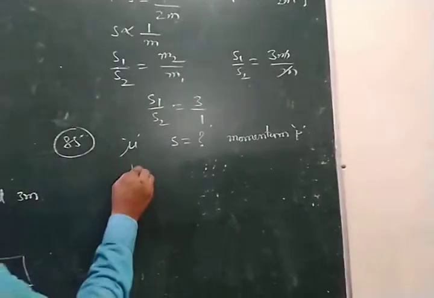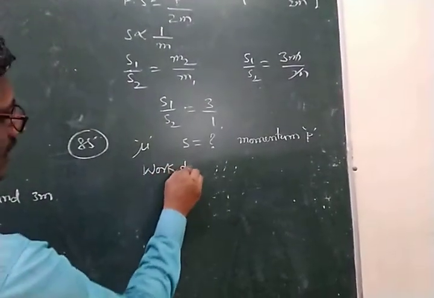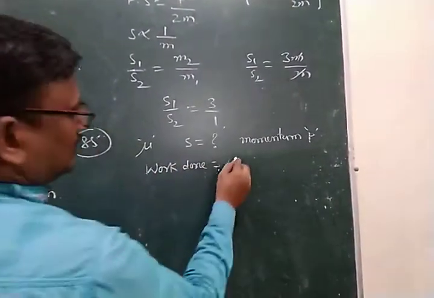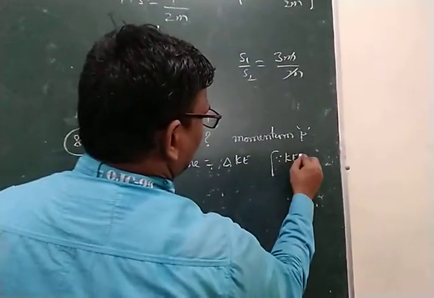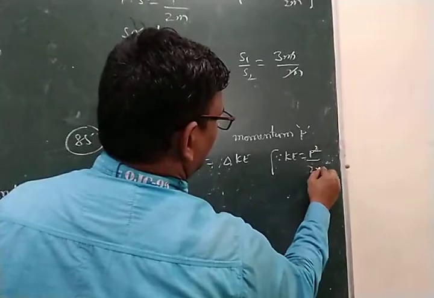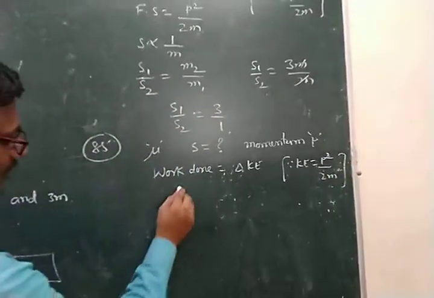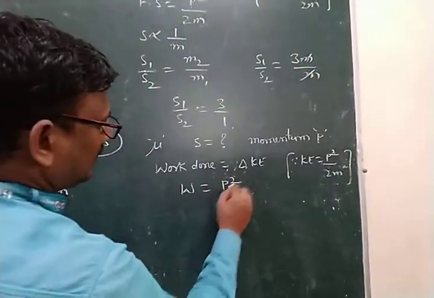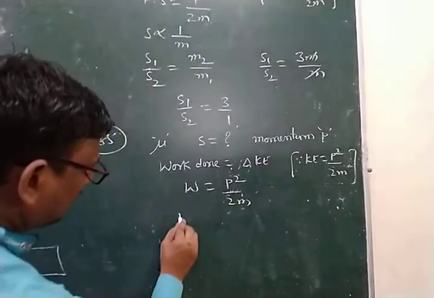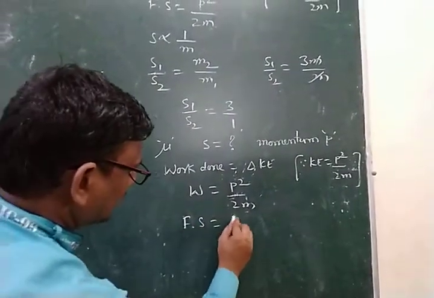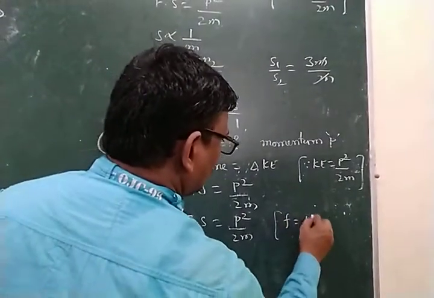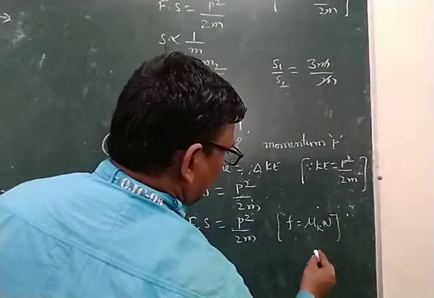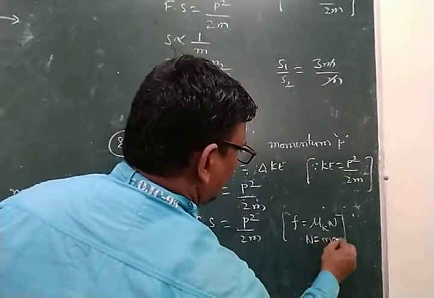We know that work done is equal to change in kinetic energy, and this kinetic energy is equal to P square by 2m. Now substitute: the work is equal to force into displacement, which is P square by 2m. The frictional force F is equal to mu k into N, and N is equal to m into g.